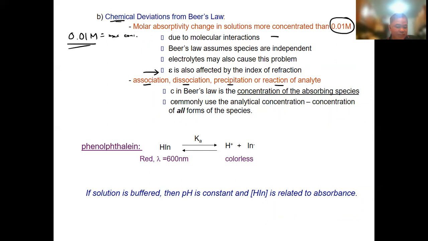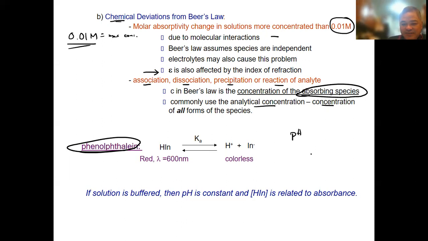Okay? Usually, the concentration in Beer's law is the concentration of the absorbing species. Okay? So, commonly used is the analytical concentration, or the concentration of all forms of the species. So, for instance, in phenolphthalein, we know phenolphthalein is affected by what? The pH, right?